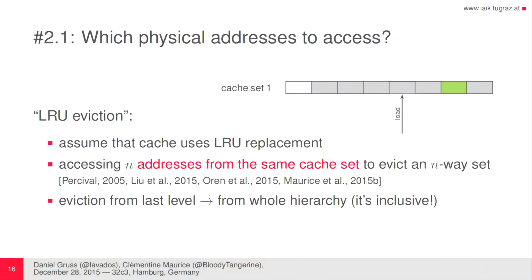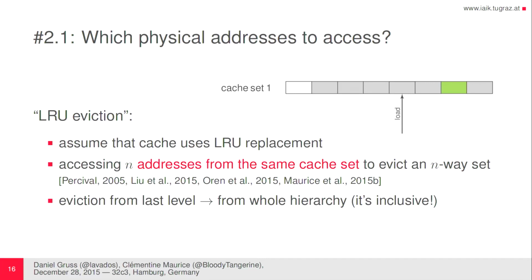This is what we call LRU eviction, because it assumes that the cache uses an LRU replacement policy. And this is actually exactly what I showed you before. We are going to access n addresses from the same cache set to evict an n-way set. And this is something that is also very well known in the field of cache attacks.